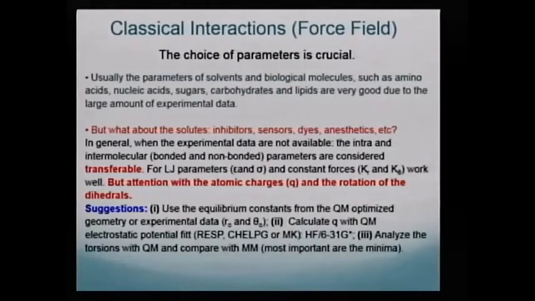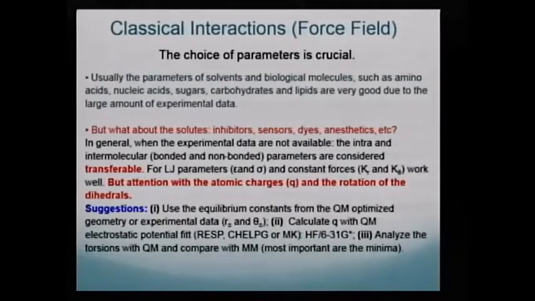And now you can generate your optimized geometry with quantum mechanical calculation, make a geometry optimization, or go to experimental data and get the equilibrium values of the bonds and the angles. You can calculate the charges using ab initio calculation, but the most important part is that you need to use a methodology that fits the electrostatic potential.